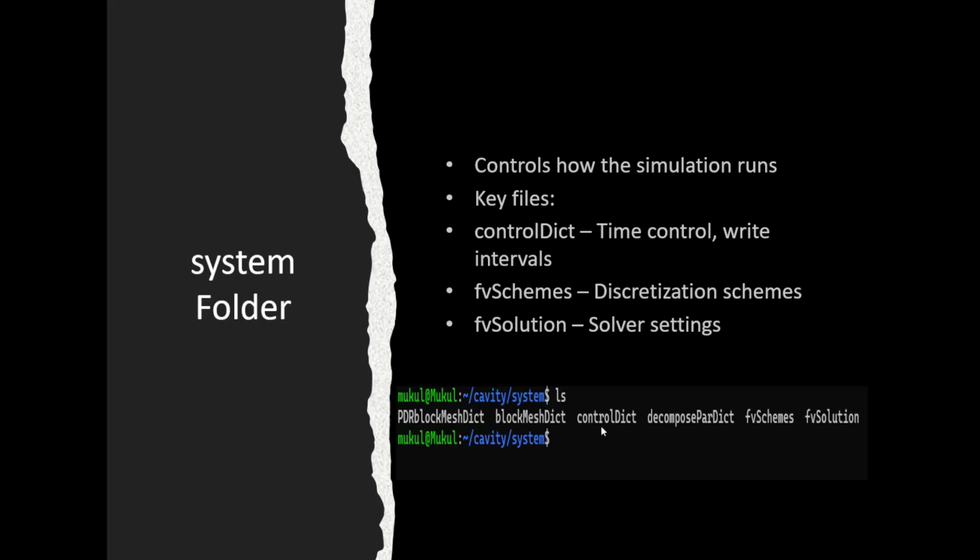You can find many others, which I will explain later on. There is one more common file, blockMeshDict, which contains the information of the mesh. These are the common key files of the system directory of OpenFOAM.